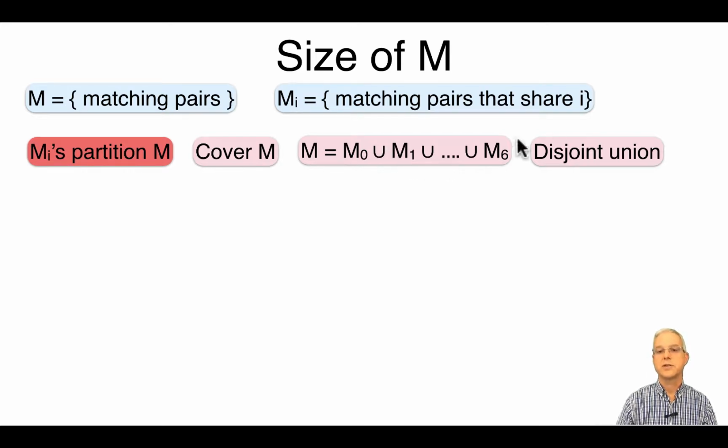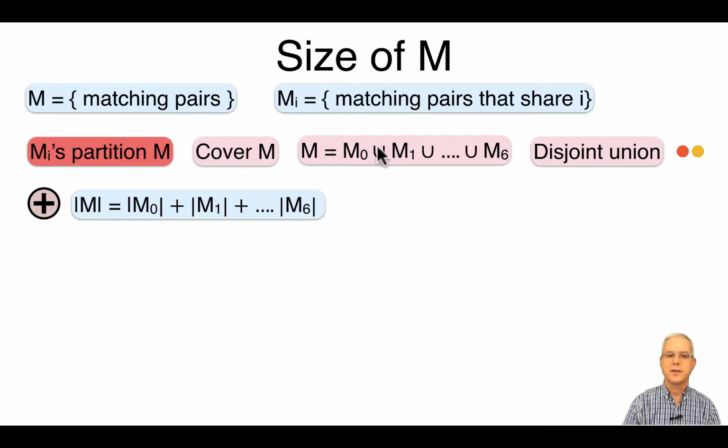So in other words, this is a disjoint union, which, if you remember back when we talked about counting, we denoted by this symbol, two disjoint circles. And the most important result we had then was the additive rule, that if you have a union of disjoint sets, then the size of the union is the sum of the sizes of the sets.